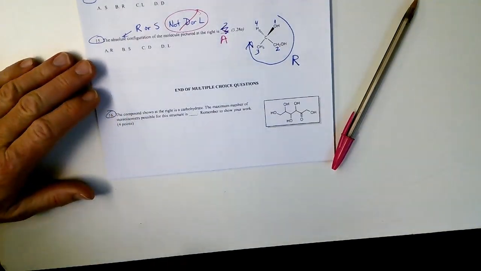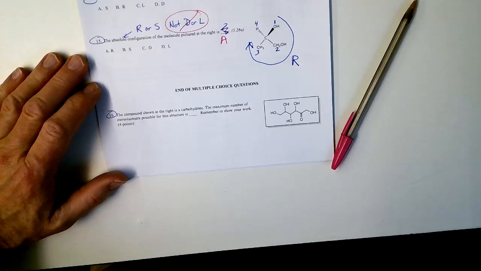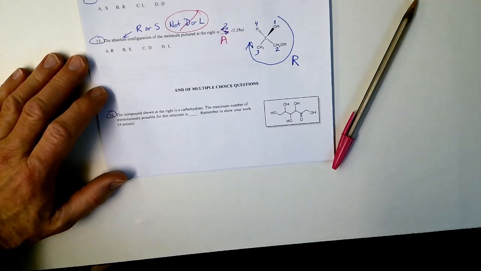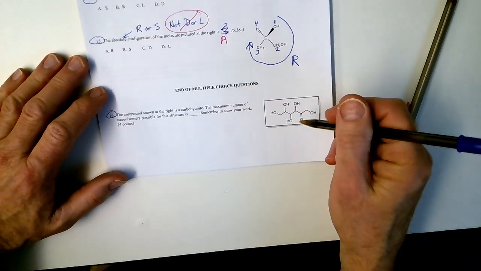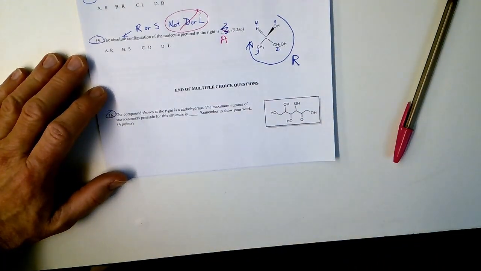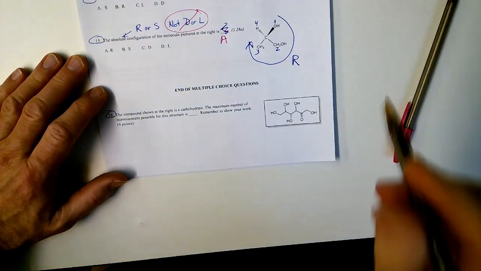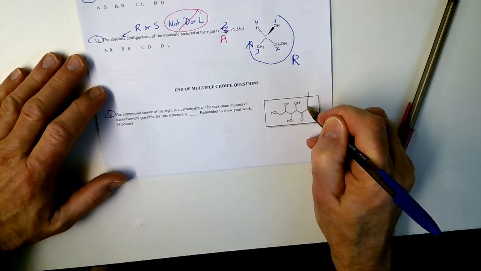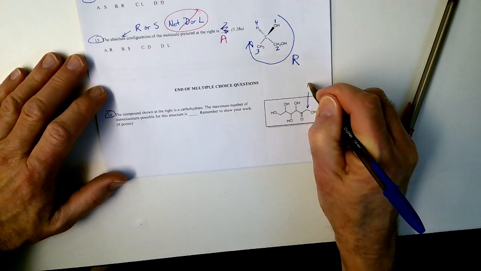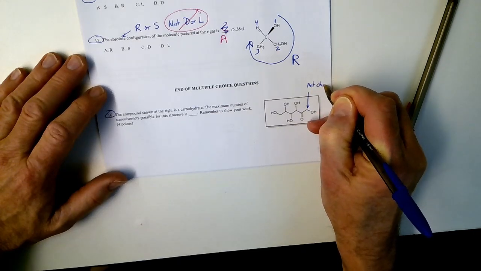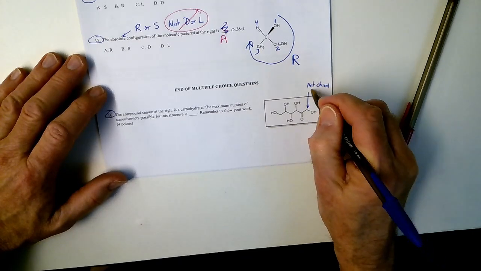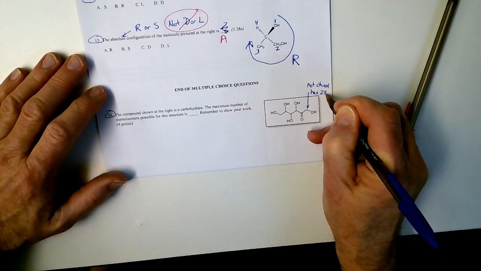Okay, the last one, now that I've gotten over skipping things in the middle, there's a trap here, and that is just going, oh, well, wherever there's an OH, it must be chiral, but not really, because that one right there is not chiral. It has 2 hydrogens on it. 2 hydrogens, 2 of anything the same, knocks a carbon out of the running. How can you tell if it's chiral or not?